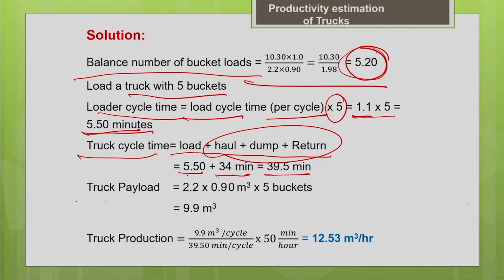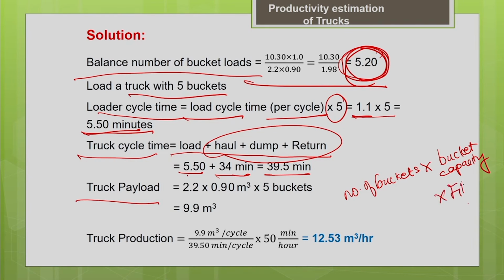Now I need to find the truck payload. So here you know that I am not going to load the truck to its full capacity because I am rounding the bucket loads to lesser than the balance number. So the truck payload will be equal to your number of buckets into bucket capacity, rated bucket capacity multiplied by the fill factor. So number of buckets, balance number we have taken is 5, bucket capacity is given to you as 2.2 meter cube, fill factor is 0.9.